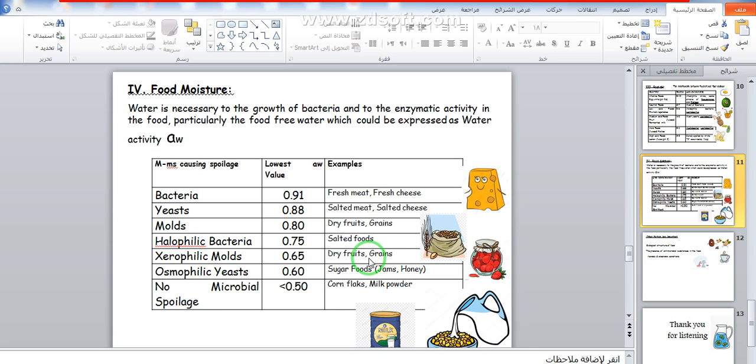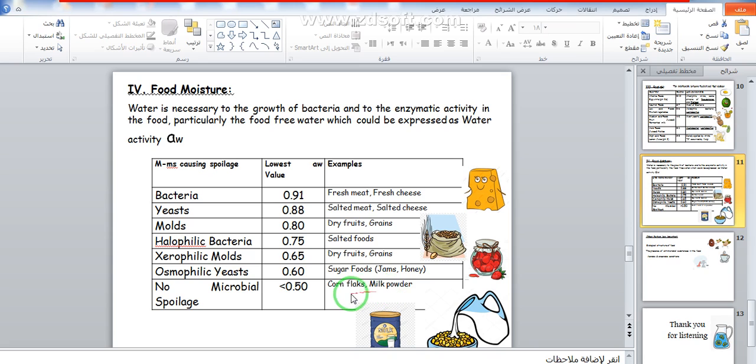Grains and dry fruits with an active water of 0.65 will be spoiled by xerophilic molds only. Sugar foods, jams or honey with an active water of 0.6 will be spoiled by osmophilic yeasts.